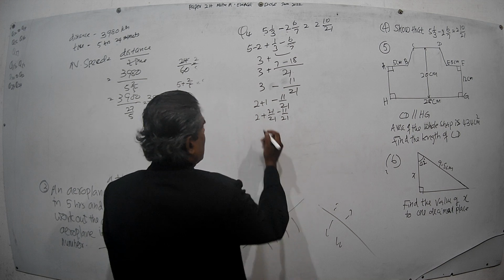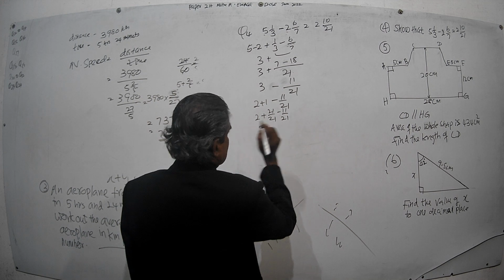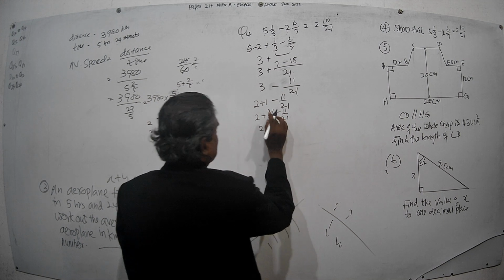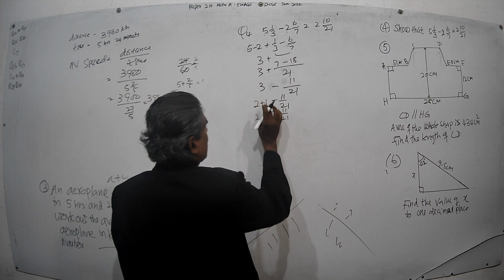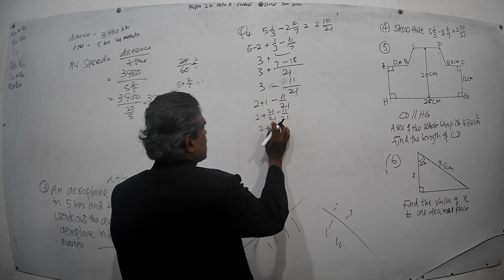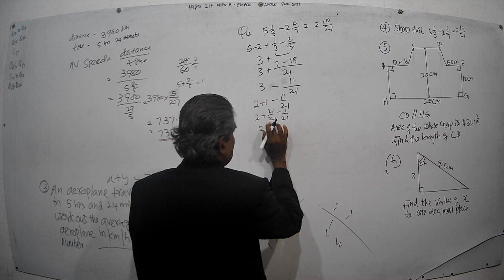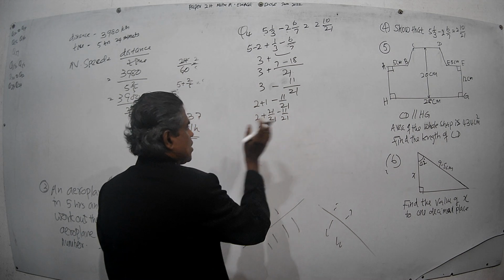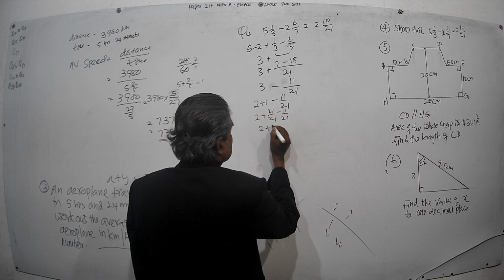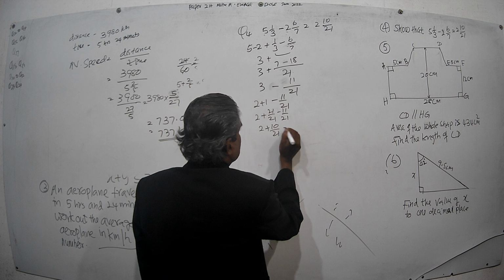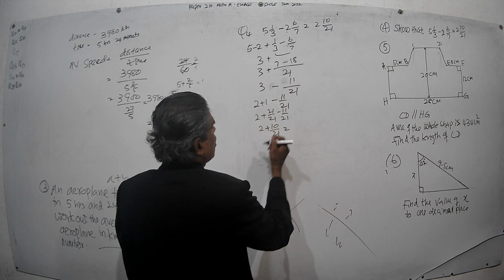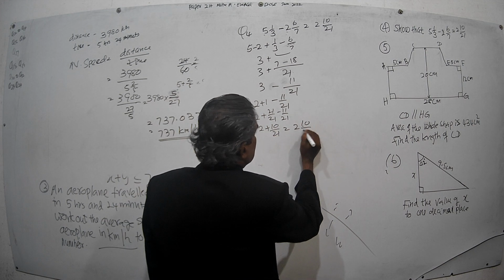Then 2 plus, because we want to get another fraction here, we convert 1 into a fraction with denominator 21. Then the denominators are equal. Our simplification is 21 minus 11, which is 10 over 21. And then 2 plus 10 over 21 means 2 10/21, correct.